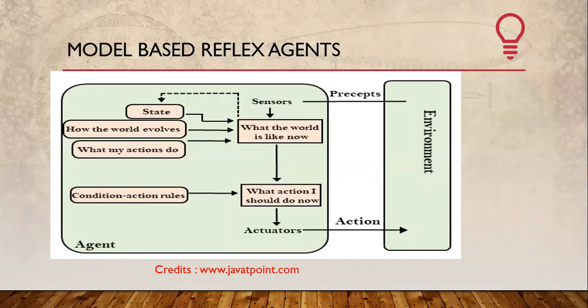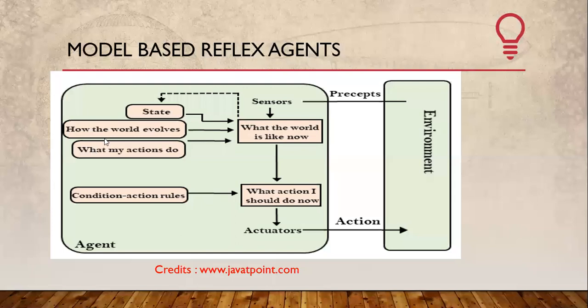But now what we see new is that after the agent has received the input via sensors, it has to decide its state. It has to figure out which state it is in, and to do that there are certain more important things: how the world evolves, and what my actions do.